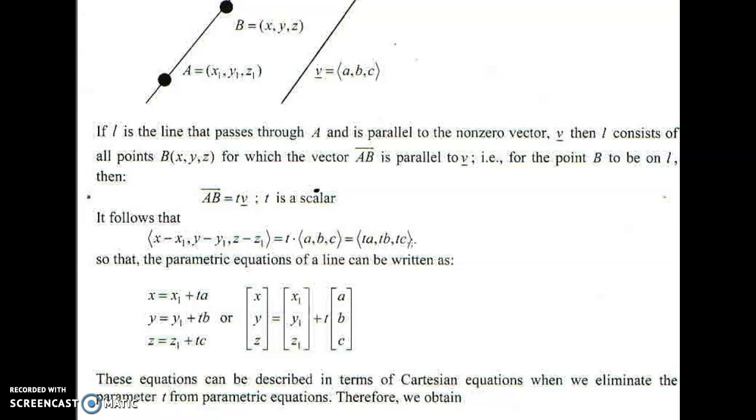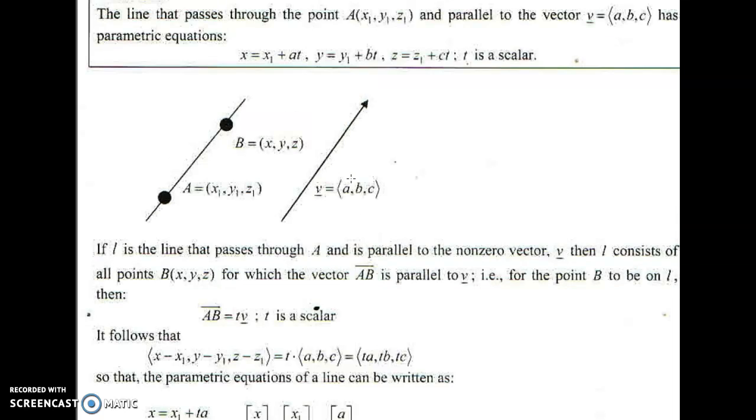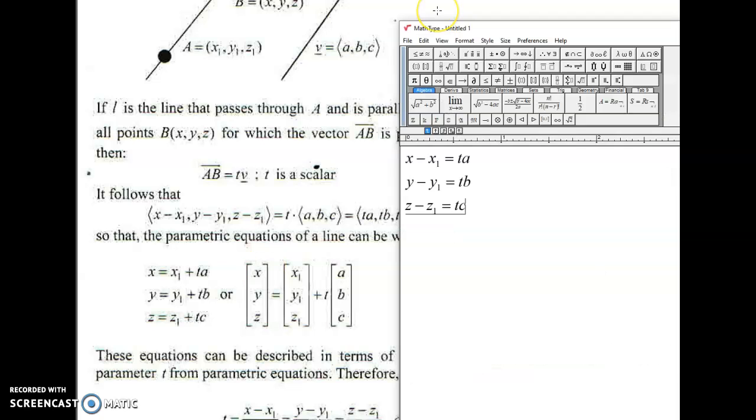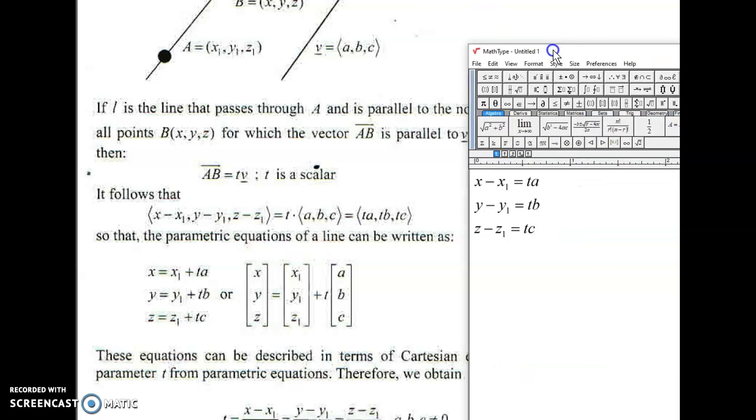From this we can create the equation. If you rearrange it, this is what you get: x minus x1 equals ta, matching x component with x component, y minus y1 equals tb, and z minus z1 equals tc. We can rearrange it so the equation is in the form of x, y, and z.